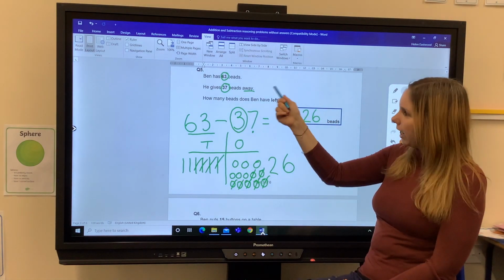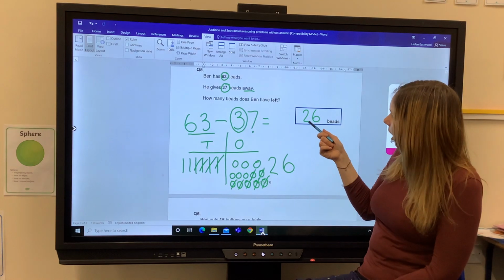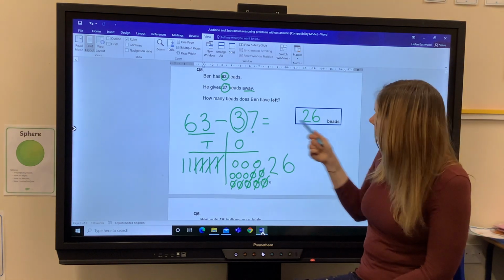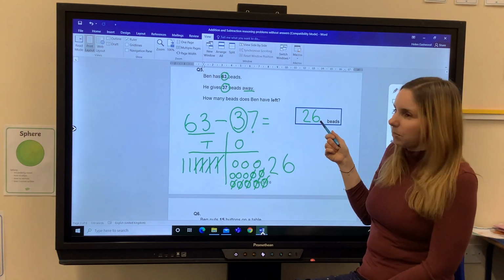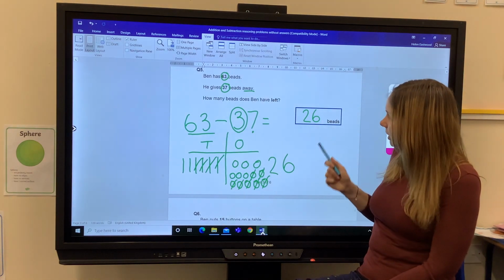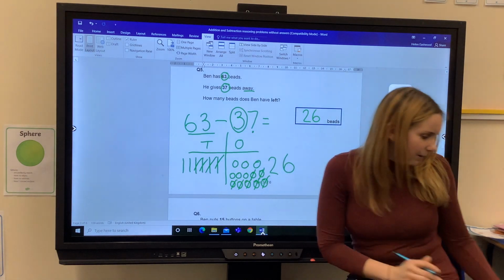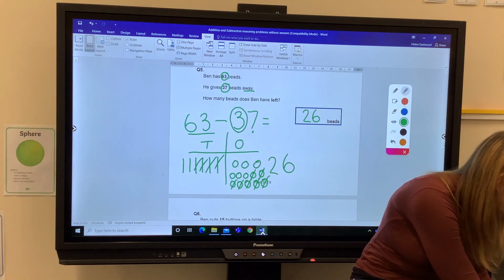And if I wanted to check that I was correct, I know that 30 add 20 is 50. Add 7 to 6, that's going to give me 13. 50 add 13 is 63. Let's move on.